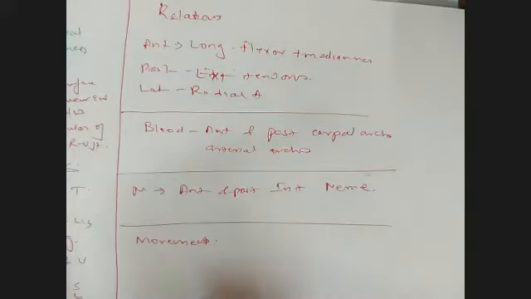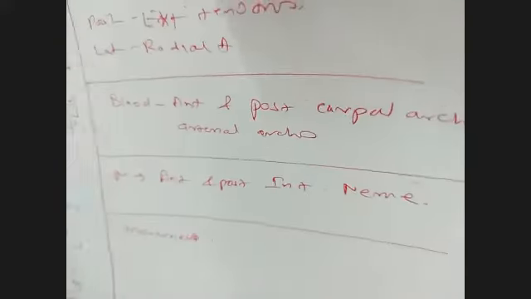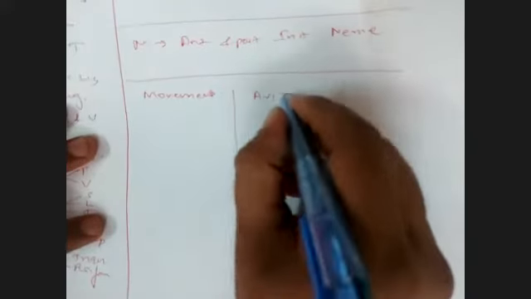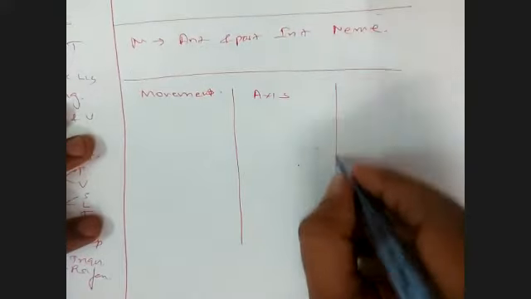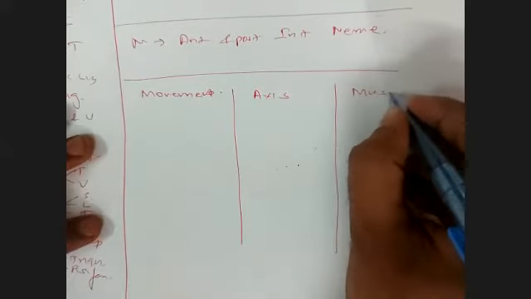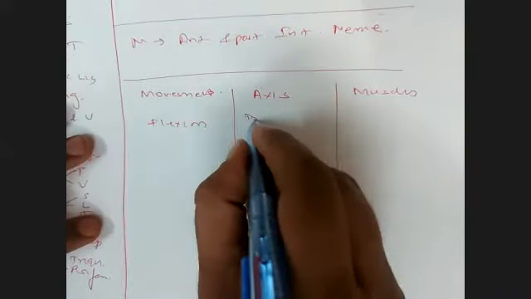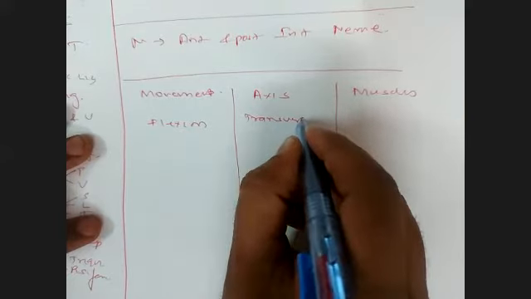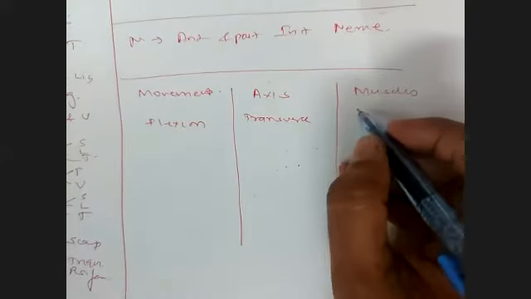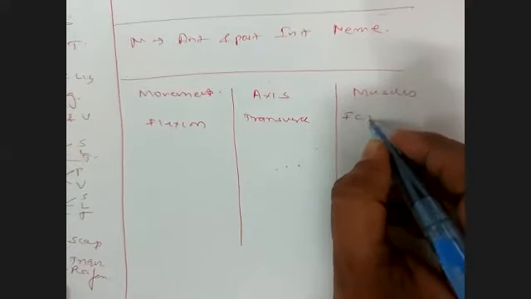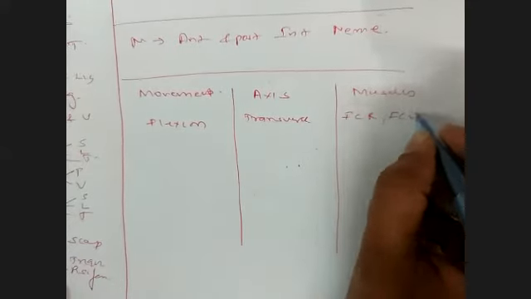Okay. So movement we always describe as the movement, then we talk about the axis, and then we talk about the muscles producing the movement. So flexion will be taking place around the transverse axis, and the muscles causing flexion will be flexor carpi radialis and flexor carpi ulnaris.